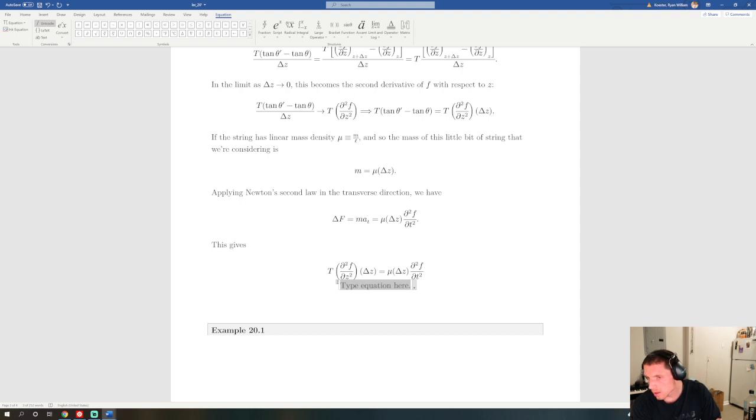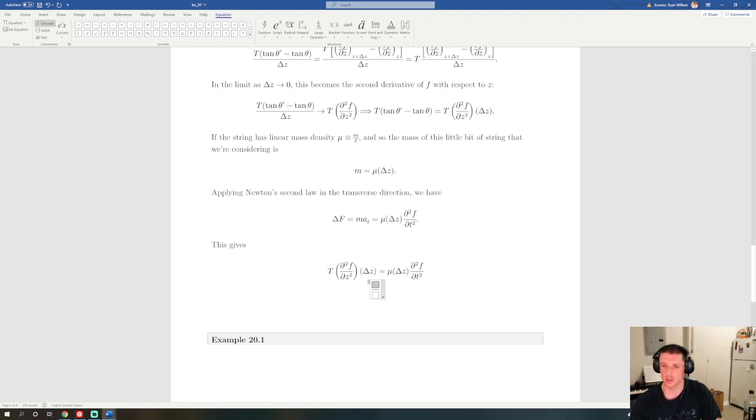And let's actually do this all at once. So what I'm going to do is cancel delta z, and then divide both sides by the tension. So what we end up finding is, I'm going to check to make sure this is correct. Yeah, I think it looks good.